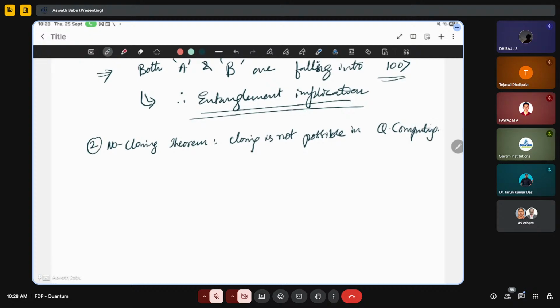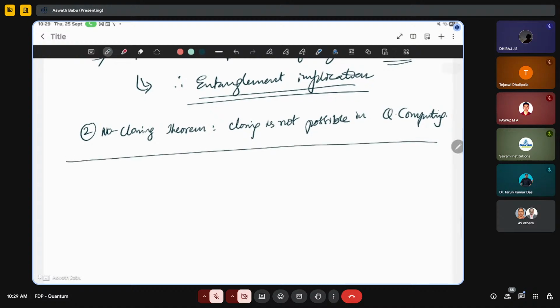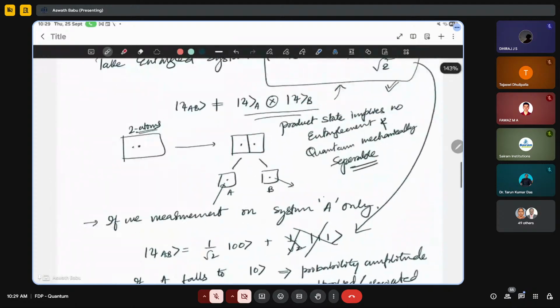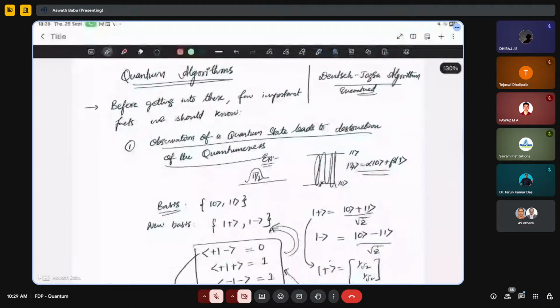And you can create entanglement using multiple qubit gates, the CNOT gate and Hadamard gate. These are the two facts we should know before getting into the quantum algorithms.